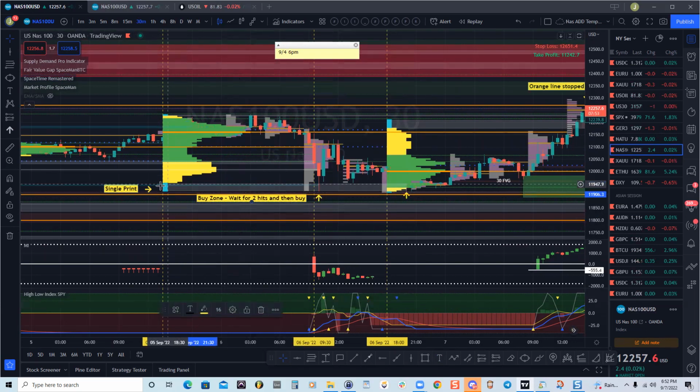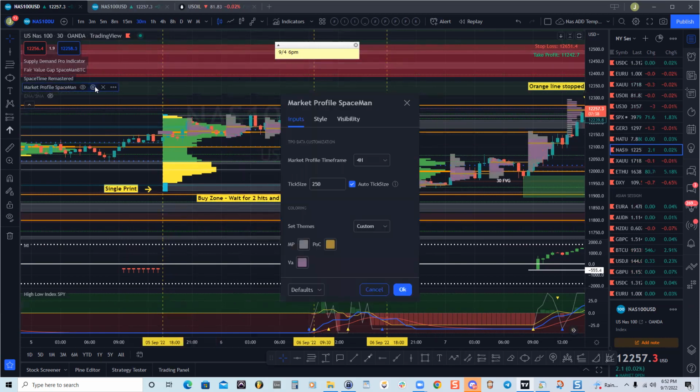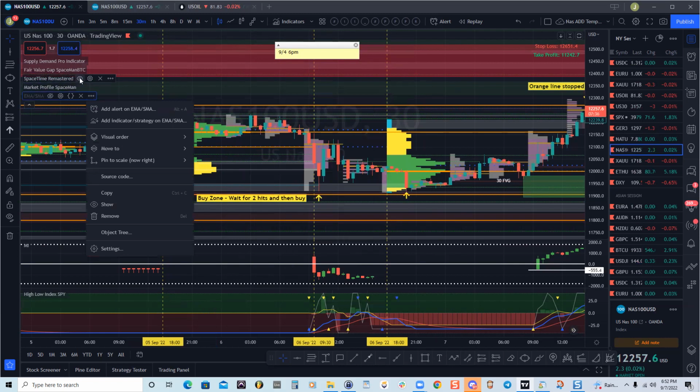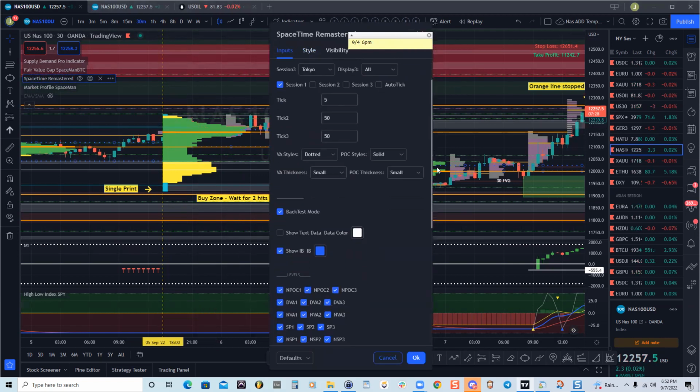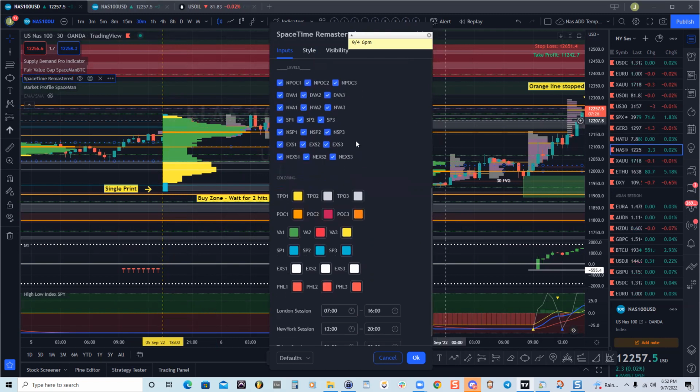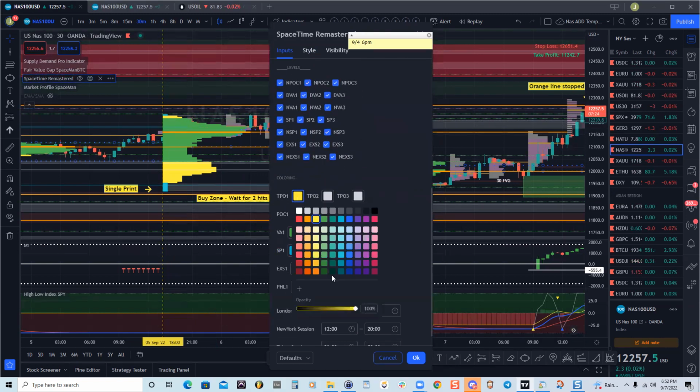So the single print forms, candles do all this. I wonder if I can get rid of this. I need to change the colors on it. I like to be able to see the candles. That's the only thing. Let's see, style. I guess I can bring the color down a little bit, because they're kind of high.